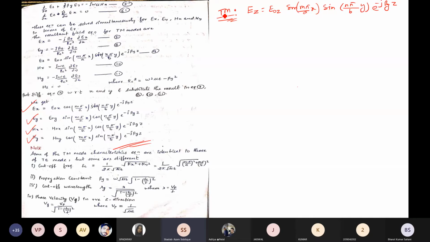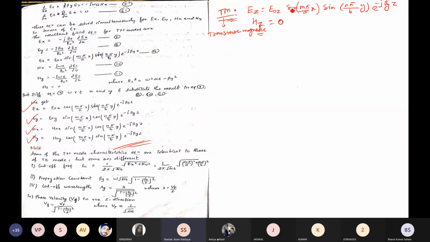We know TM mode is transverse magnetic, which means the Hz component should be equal to 0. If Hz is 0, by default Ez will be there. First of all, Ez is there, so we write E naught Z. We don't know whether it is sine or cos.